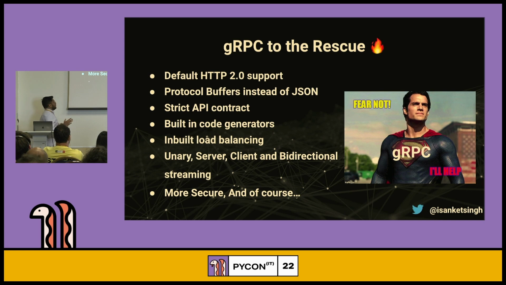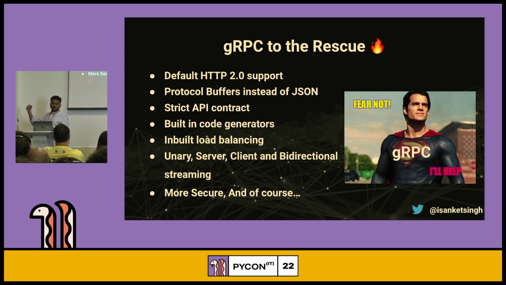It has the capability of inbuilt load balancing, right? Like the client side can automatically choose which server to hit based on the current load on the servers. It gives us not only the capabilities of unary interaction, but also server-side streaming, client-side streaming, and bidirectional also, right?